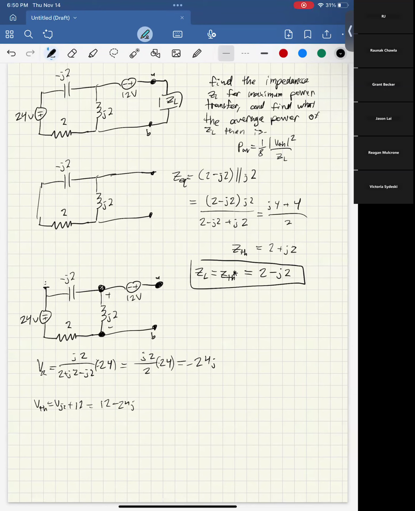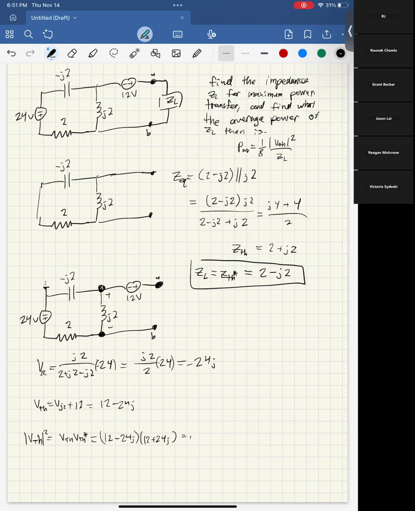Last but not least, we want to use that equation we said earlier. For that, we have to find the magnitude of VTH squared. By definition, that is VTH times VTH conjugate, which is 12 minus 24J times 12 plus 24J.